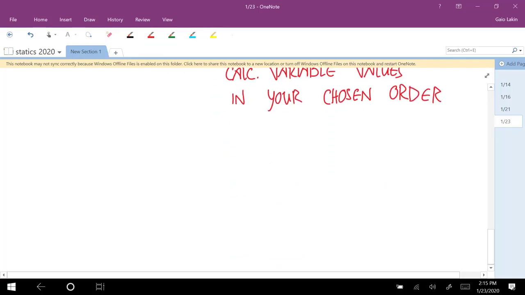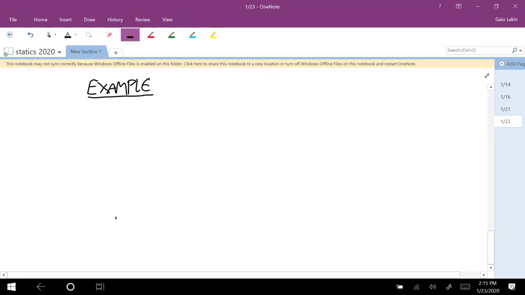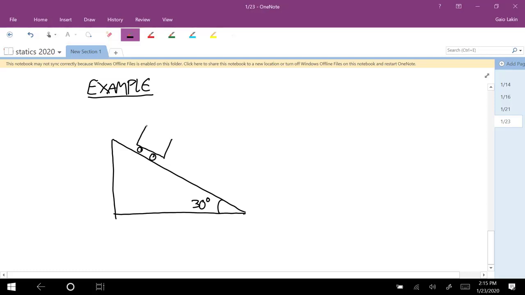So let's do an example now with sort of a lot going on. So let's say we have this incline where this angle is 30 degrees. And we have a 1 kilogram cart connected by a cable to a 3 kilogram cart.